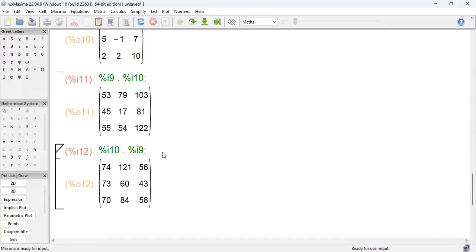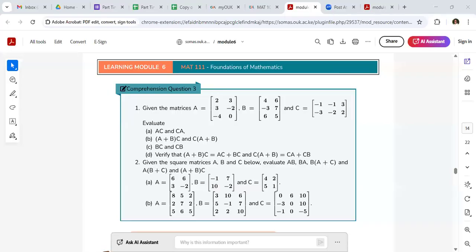So what's your take when you multiply matrices? Is multiplication of matrices commutative? By commutative, we mean when I multiply A and B, will it be equal to B multiplied by A? It is non-commutative.